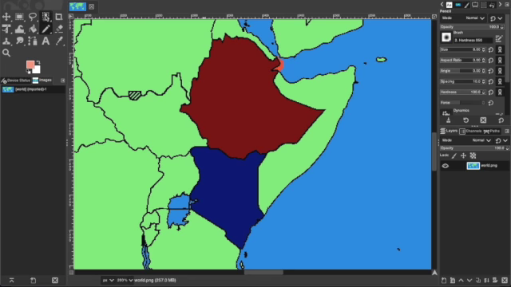And well, Kenya doesn't put up much of a defense. Ethiopia heads to the coast, and they take over the coast, destroying this encirclement.